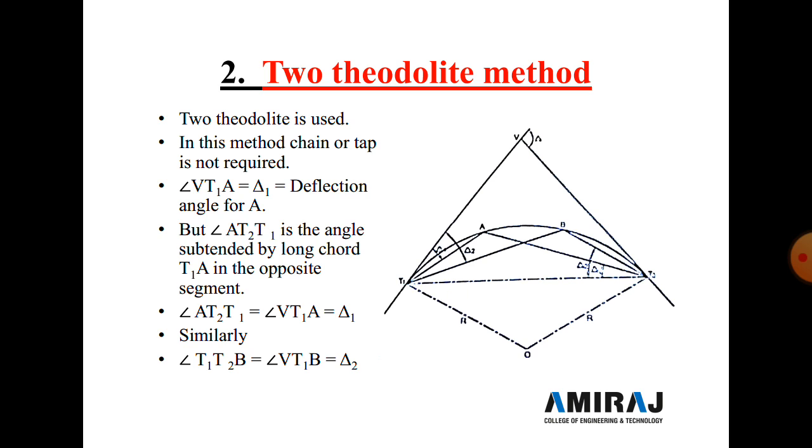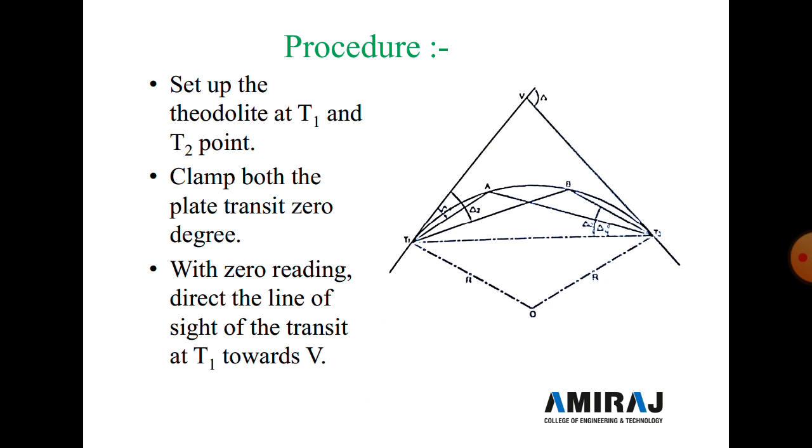Similarly, VT1B and BT2T1, both the angles are the same, delta 1 and delta 2. So how to carry out the entire procedure of the two theodolite method? First of all, set up the theodolite at the T1 point and the T2 point.